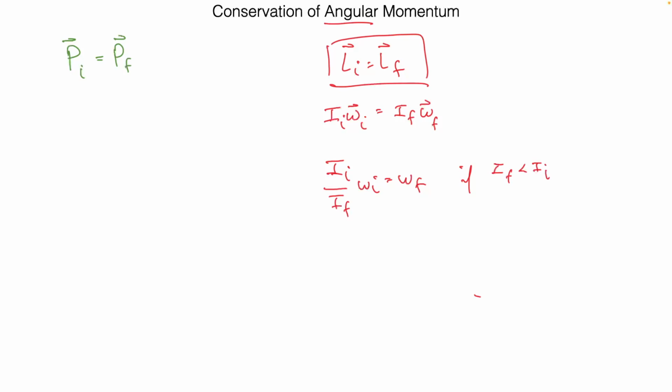What happens to that ratio? So you get bigger or smaller than 1? If the denominator is a smaller number than the numerator, what happens to the overall thing? It gets bigger. So I'm going to have a bigger number times my initial. In other words, my omega final will be a number bigger than 1 times my initial angular velocity, which means that I should speed up.